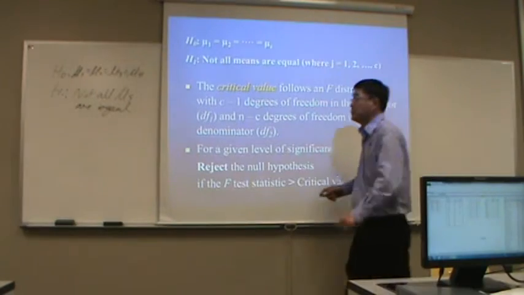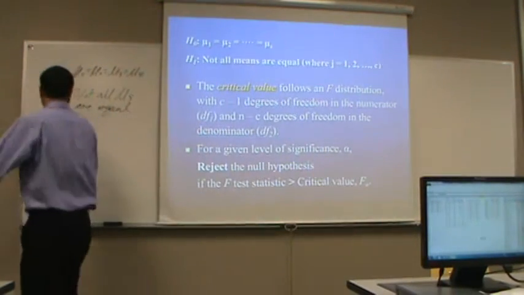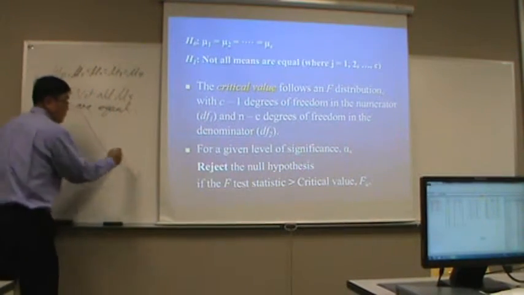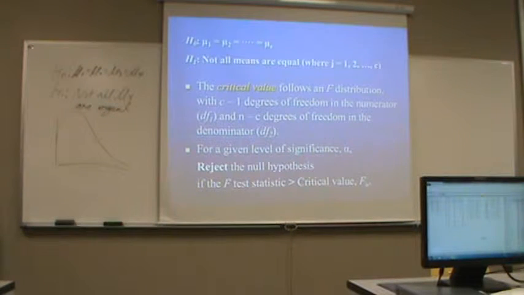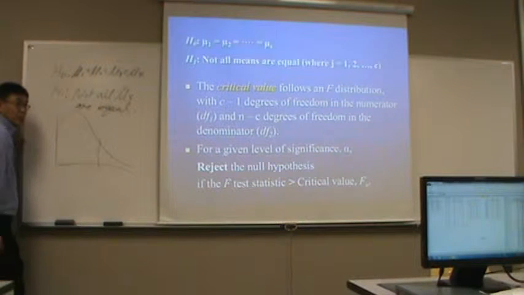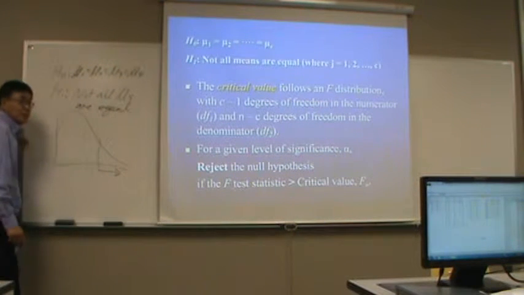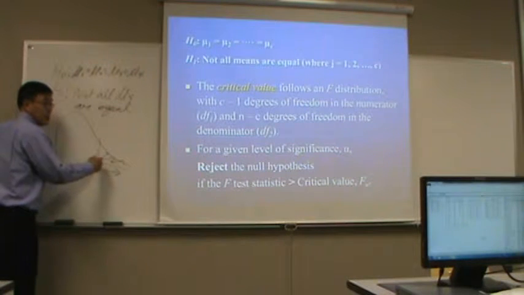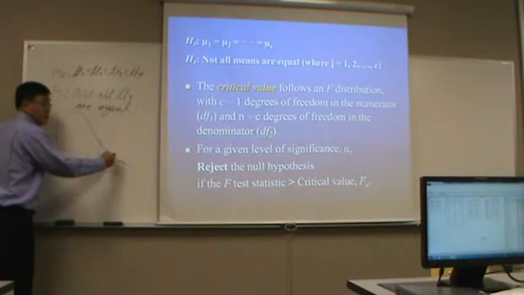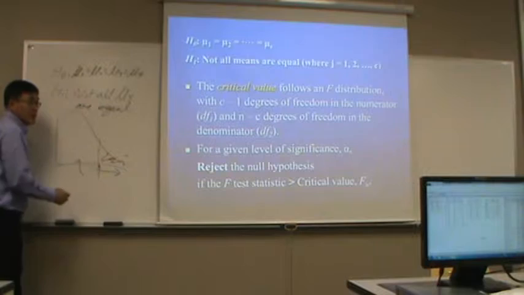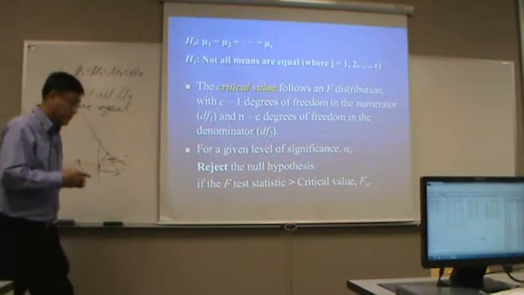F distribution looks like this, right, longer tail, right skewed. Critical value here: if F test statistic is greater than critical value, reject; inside, less than, do not reject.